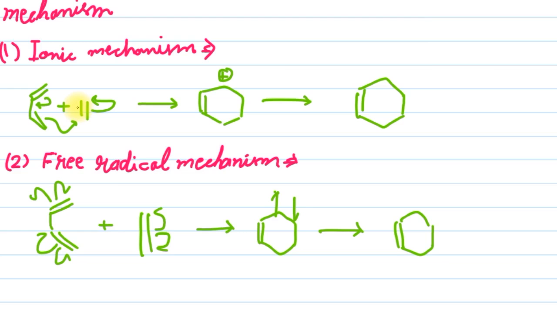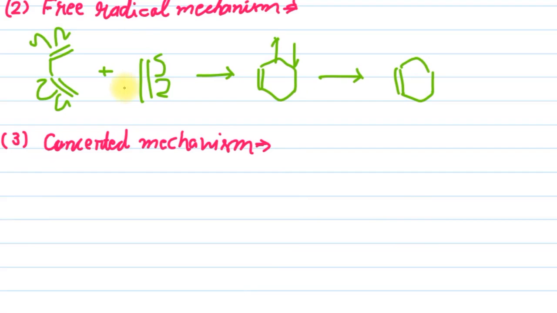And the third mechanism is the concerted mechanism. In the concerted mechanism, the butadiene molecule reacts with the dienophile in cis form. Here hydrogen is present.